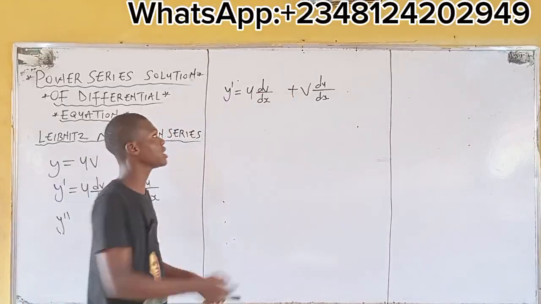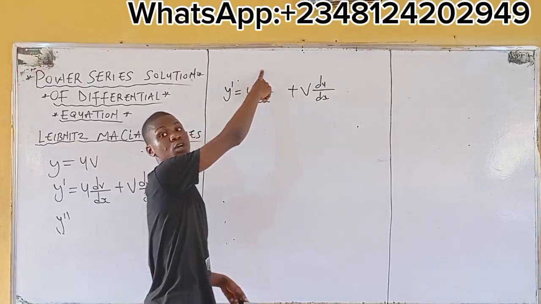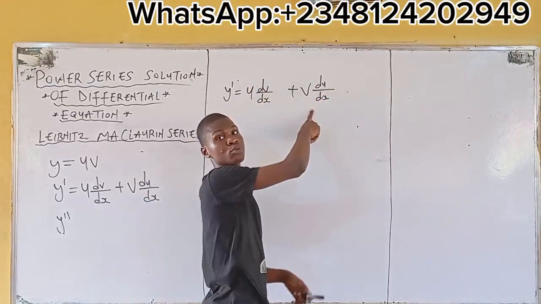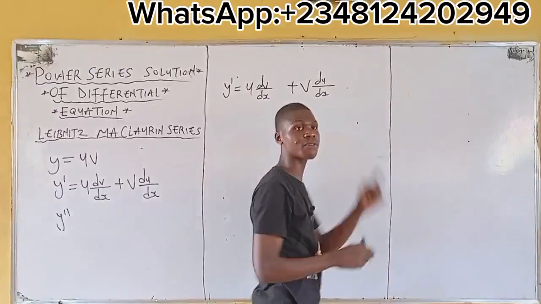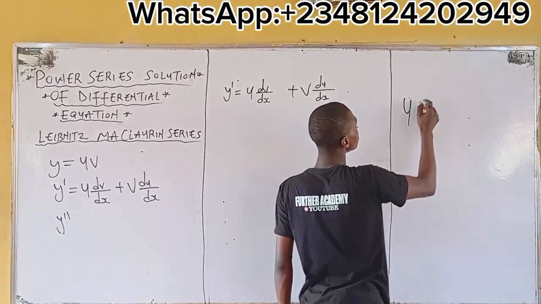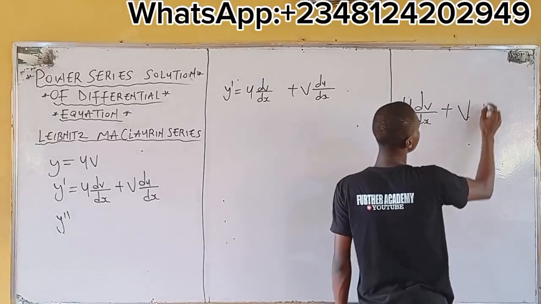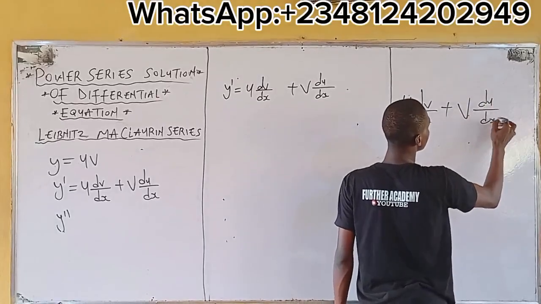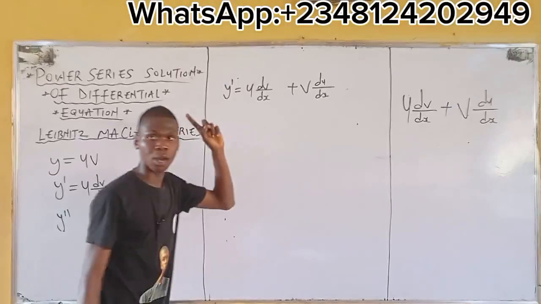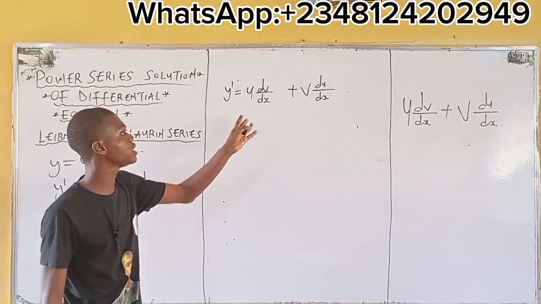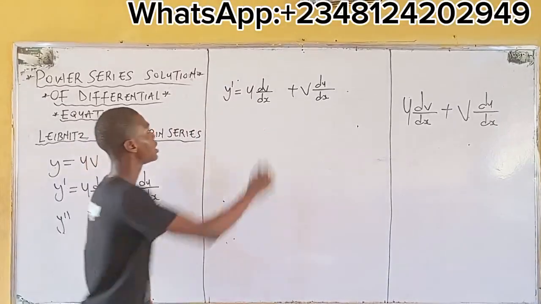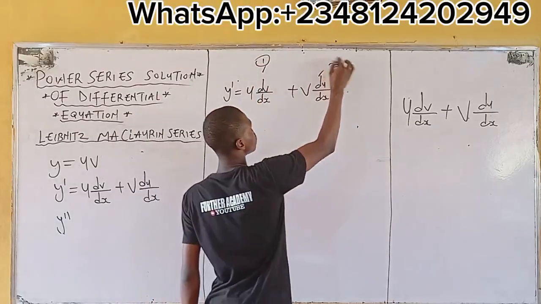By product rule, you are saying relate this as product rule, then relate this as what? Product rule, right? You know, this is the general formula for product rule: u dv over dx plus v du over dx. So taking it one by one now, treating the two terms separately. Let's say this is 1, let's say this is 2.